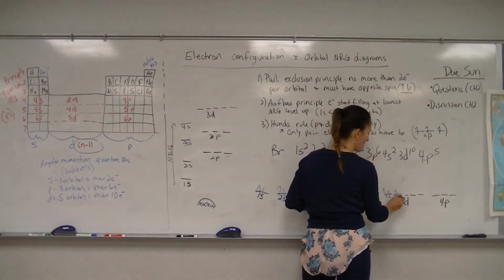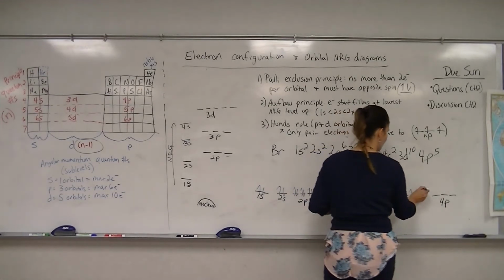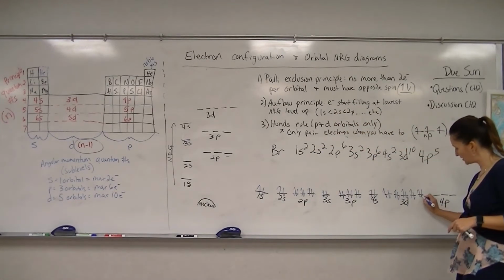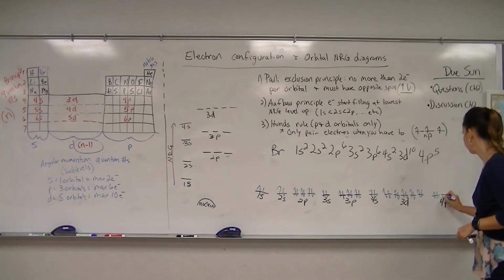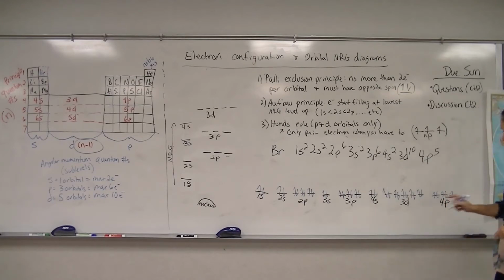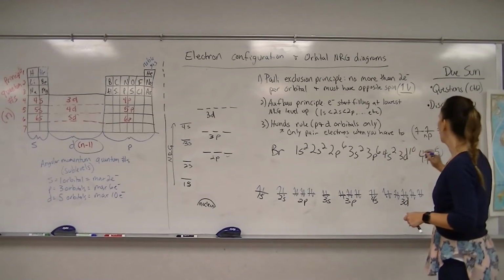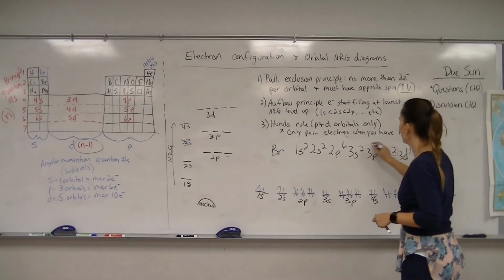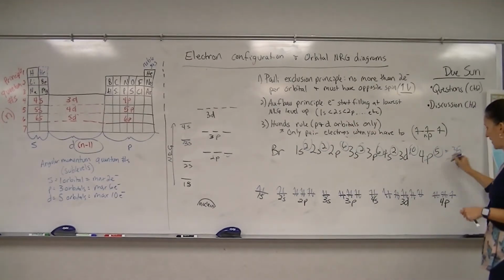In this case, we're going all the way through the d block, so there's a total of 10. Let's do that the same way. And when we get to the p, we said we wanted just 5, right? It's the fifth one in. It's a halogen. 1, 2, 3, 4, 5. So that's good. If you count these numbers, you should get the atomic number for bromine, because it's neutral and the protons will equal the electrons. So that should equal 35.